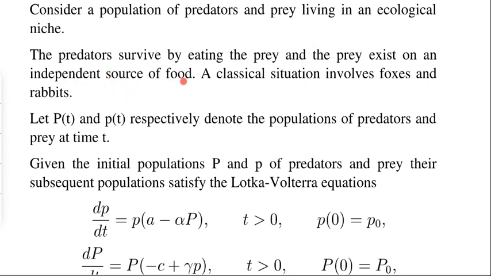So we have three concepts: predators, prey, and source of food. Let me show the population of predators by capital P of t and the population of the prey by small p of t.